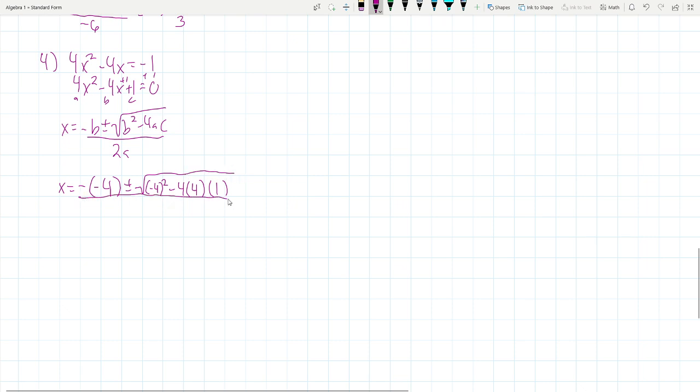All divided by 2 times 4. And so I get x equals negative 4 makes a positive 4, plus or minus the square root. Negative 4 squared is 16. Negative 4 times 4 is negative 16, times 1 is negative 16. All divided by 2 times 4 is 8.